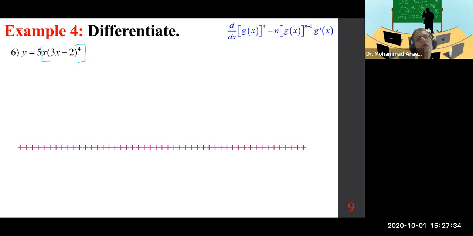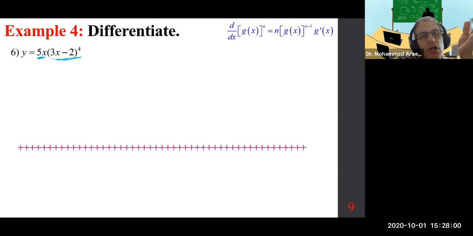Again, if number 5 is involved, this is what you do. Trust me, it makes life easier that way. You can do it right here too, but either way is fine. So you can look at it from the point of view of two pieces. 5x is one piece, and the parentheses to the power of 4 is the second piece.